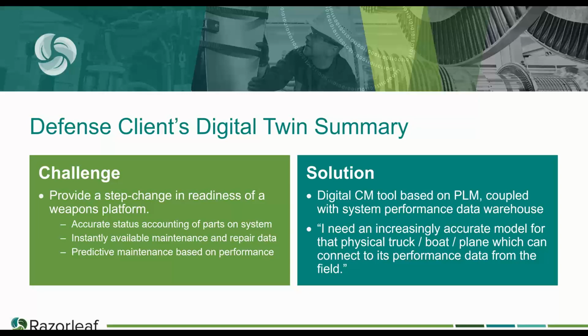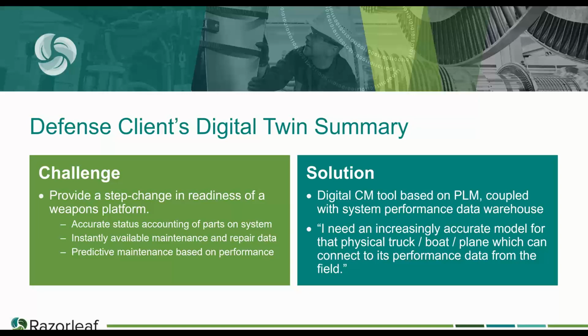And the solution is, well, you need a digital twin that helps you do that. And for them, that looked like a digital configuration management tool that was based on a PLM system so that they could know exactly what parts we're dealing with on which aircraft, on which truck, on which whatever piece of equipment, connected to a data warehouse that they were building separately that would collect that performance data for a particular tail number, a particular VIN number, right?